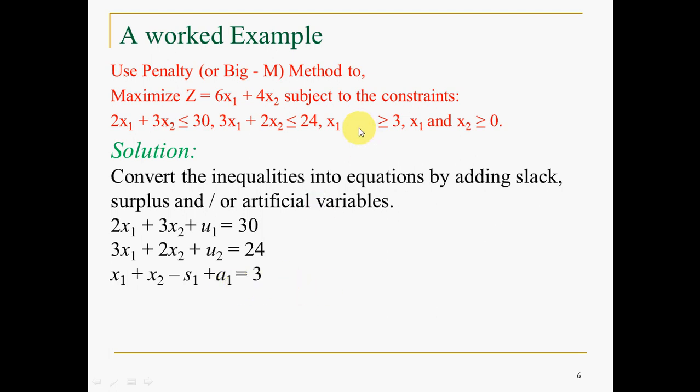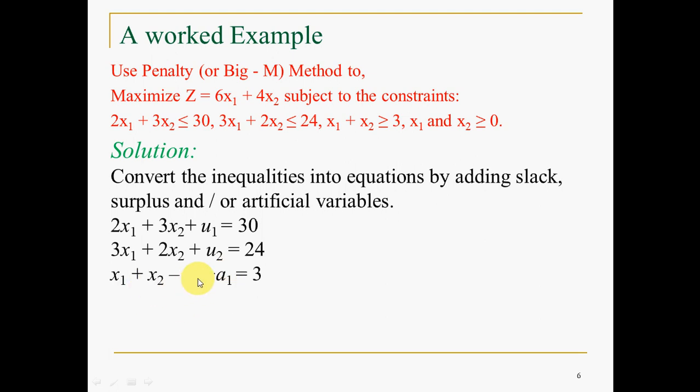If it was a plain equation, like x1 plus x2 equals 3, then we would take x1 plus x2 plus a1. As it is greater than or equal type, we subtract something, and a1 is the artificial variable, which has no physical significance or meaning in real life.